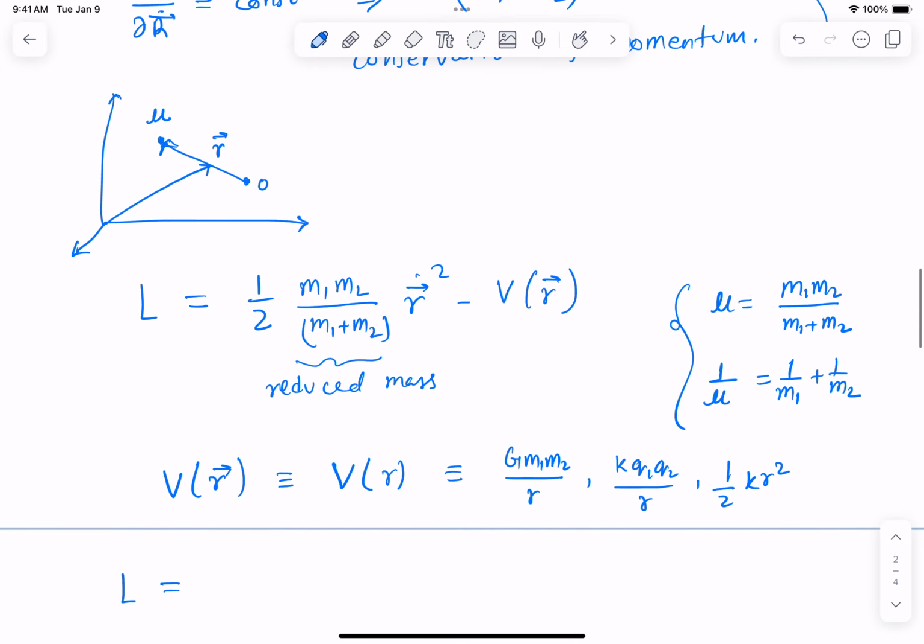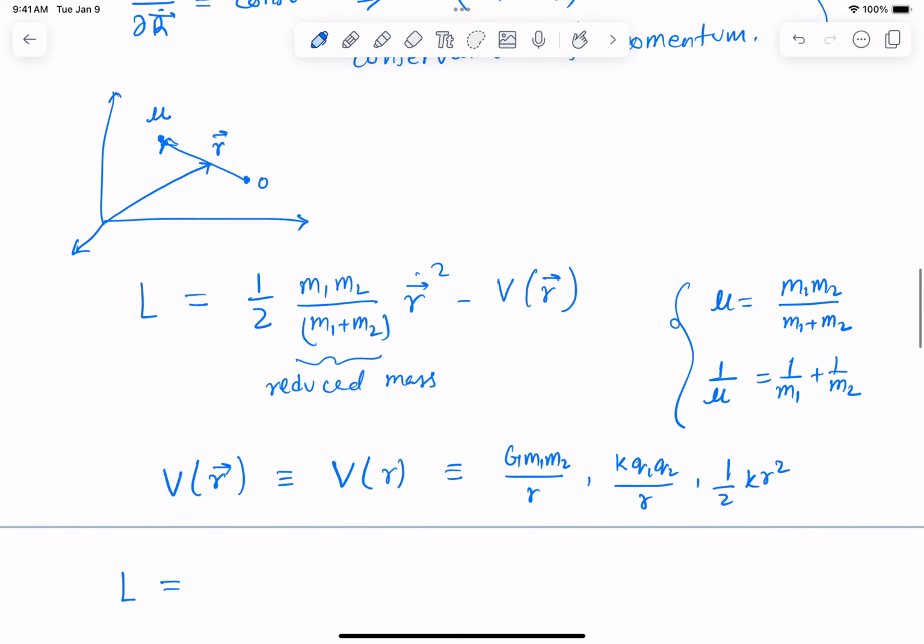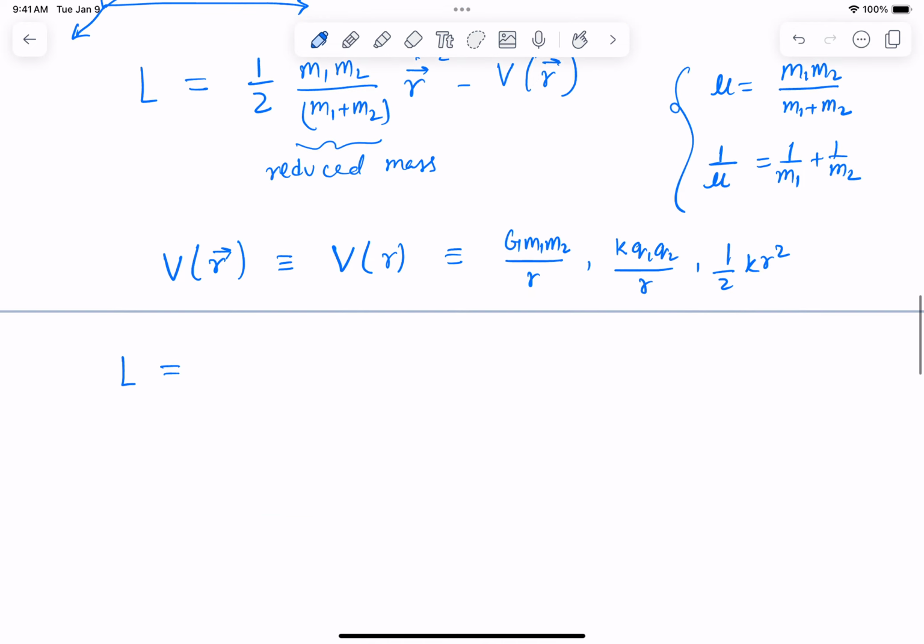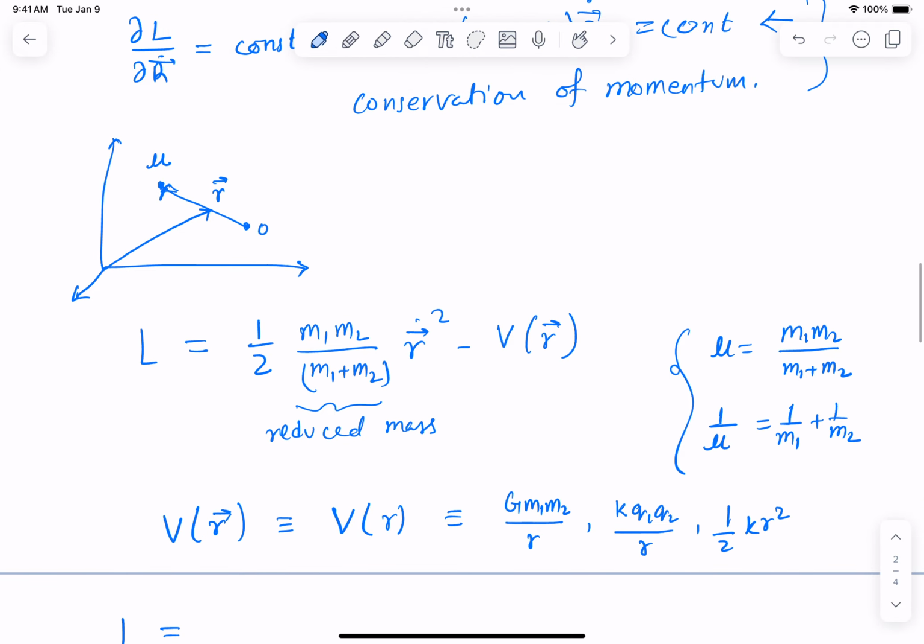Another thing that you have to realize is, once you write this problem in terms of this vector r, we are just thinking of an object which is moving with respect to, let's say, the origin, and there is no other force in the world. The only force is whatever comes because of this origin on this object mu.